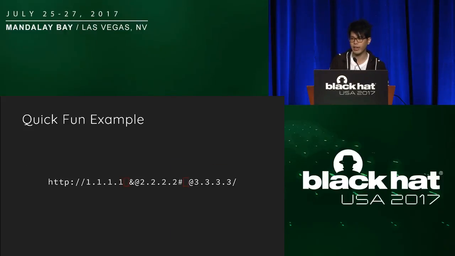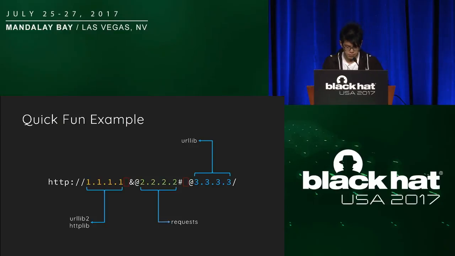Let's start with a fun example. Think about this URL. The red square is the space. Which address is Python going to access? You have 5 seconds to put the answer in your mind. Okay, here is the answer.